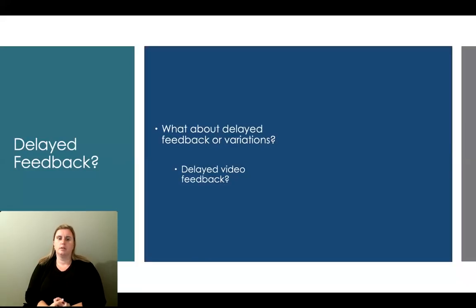Again, it does not mean that we're just going to wait a period of time following performance to give feedback, which has been established as highly ineffective. Feedback has the most positive impact on performance when it immediately follows it.